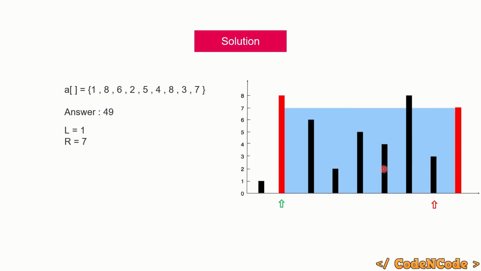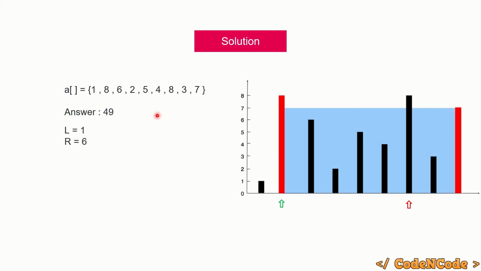Yeah, it is 3. So 3 times 6 is 18. Answer is already greater than that, and we want maximum, so of course answer won't be updated. And since we have found out what is the maximum we can store for this, we will simply decrement R, so R will become 6, and we have to simply keep on doing the exact same procedure, and finally we'll have our answer.